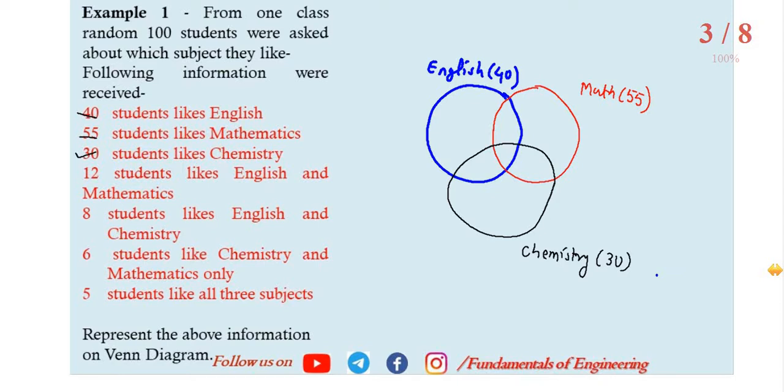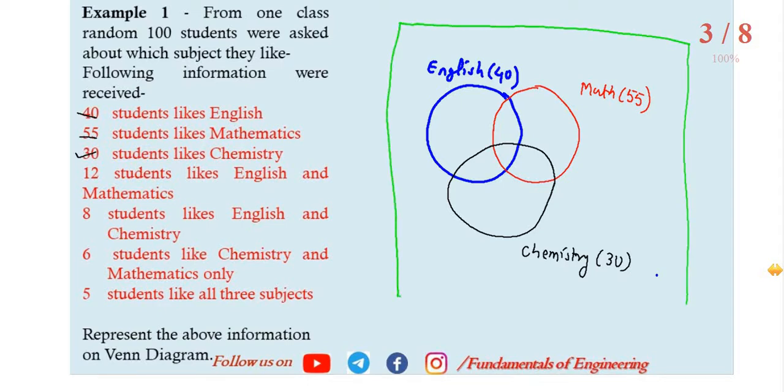Now this information we have written. Whenever we need to represent this type of information on the Venn diagram, always start with the common in 3. This information was gathered for how many students? 100 students. So the universe will be 100, since in one class we asked 100 students and we are filling in that information here.